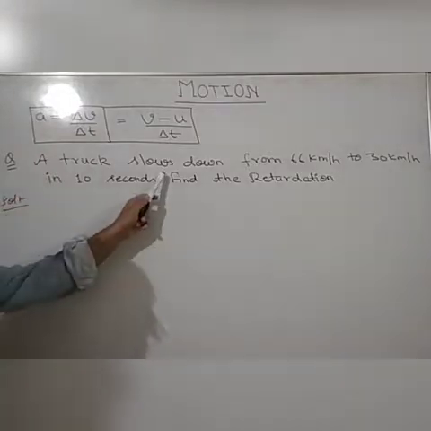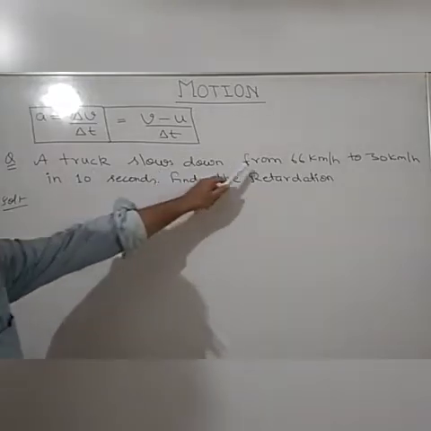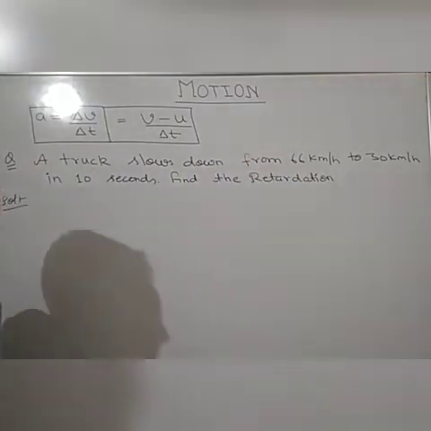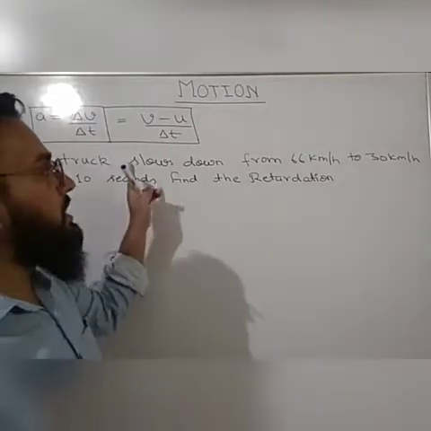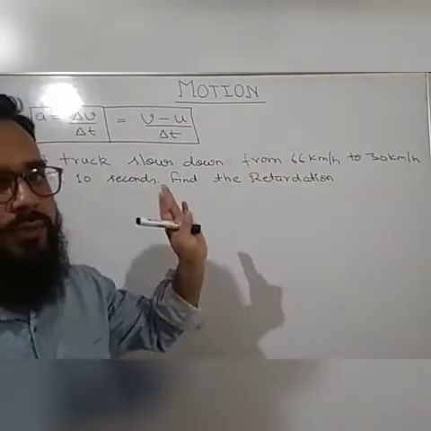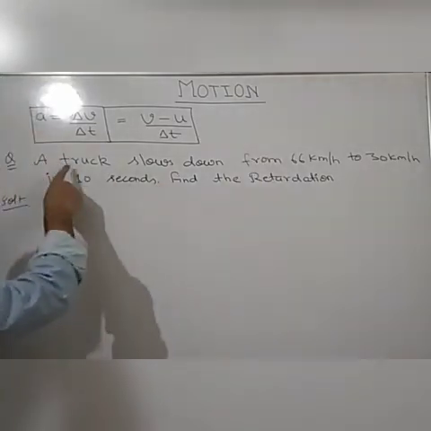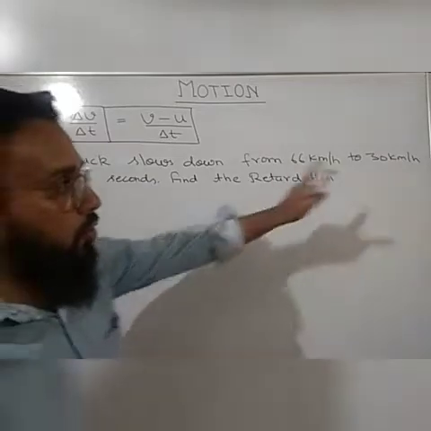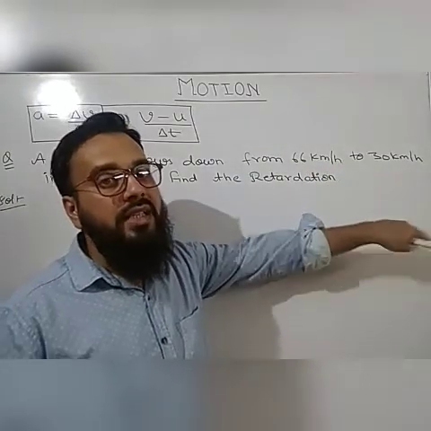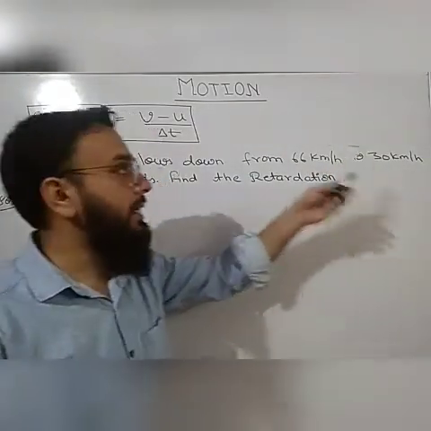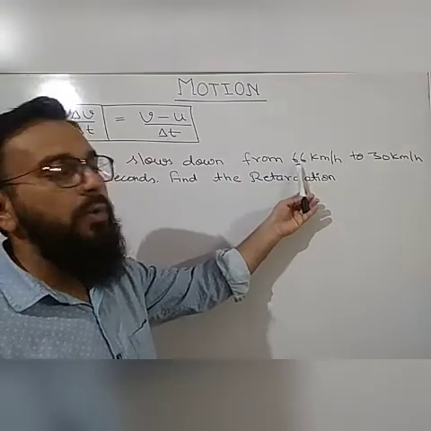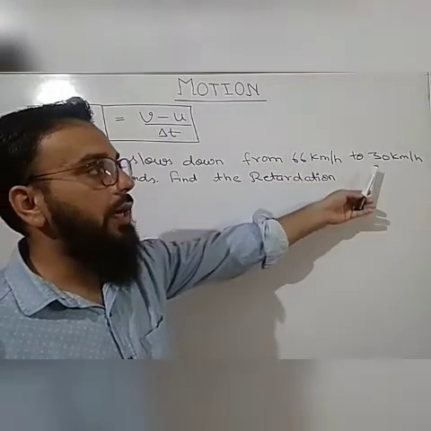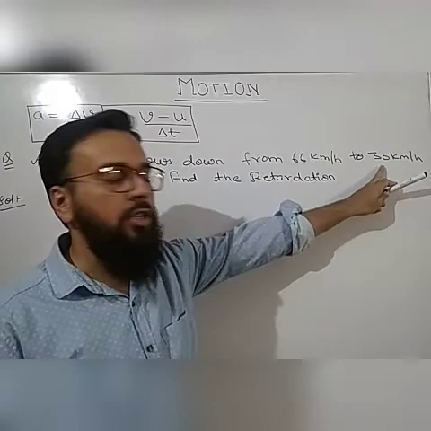Truck slows down from 66 to 30. You will get the initial velocity and final velocity by studying the sentence very carefully. It means initially the truck was moving at the speed of 66 km per hour and it slows down to a speed of 30 km per hour.